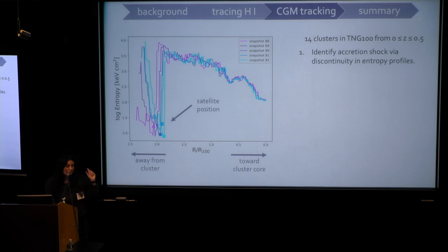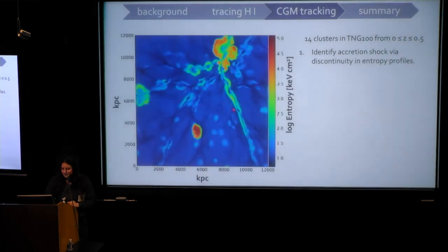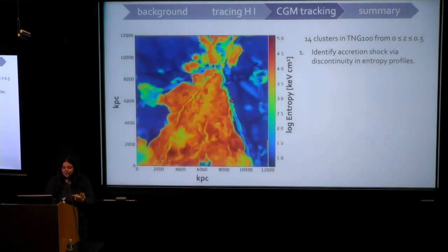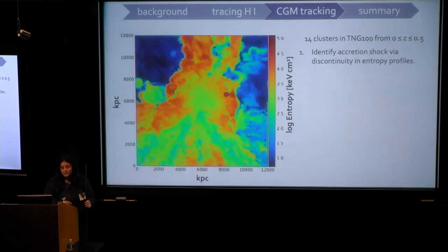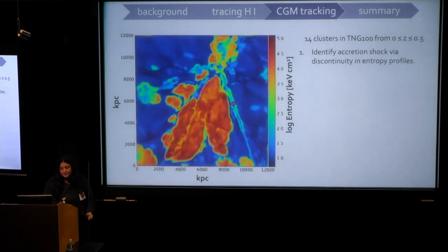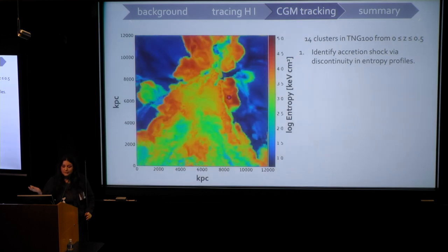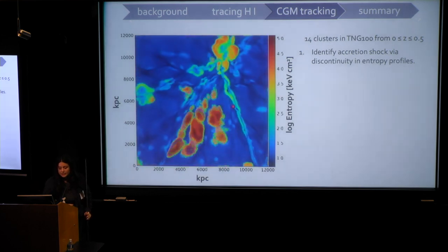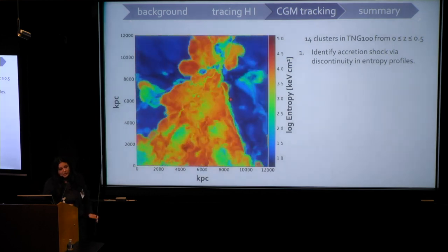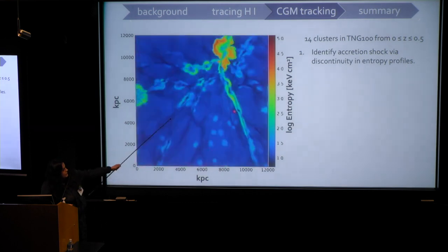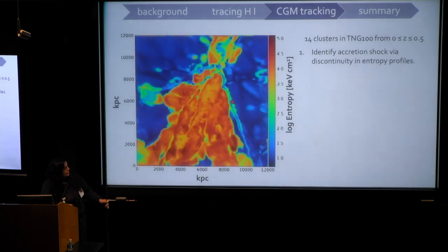So we have to do this on an individual subhalo basis for all of the satellites around a given cluster. This is that same exact satellite, tracked from z = 0.5 to 0, and you can see when it encounters the accretion shock. The subhalo position is this star in a circle.